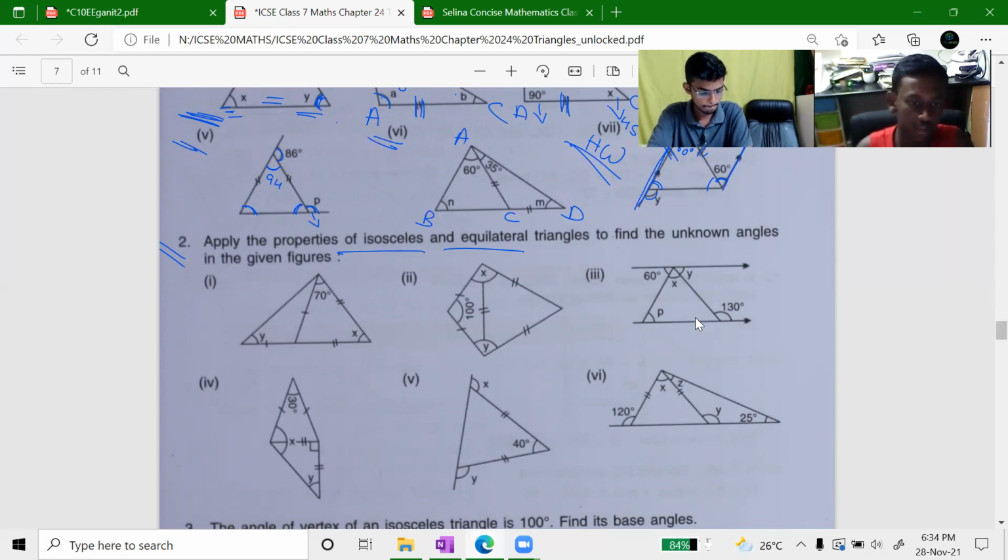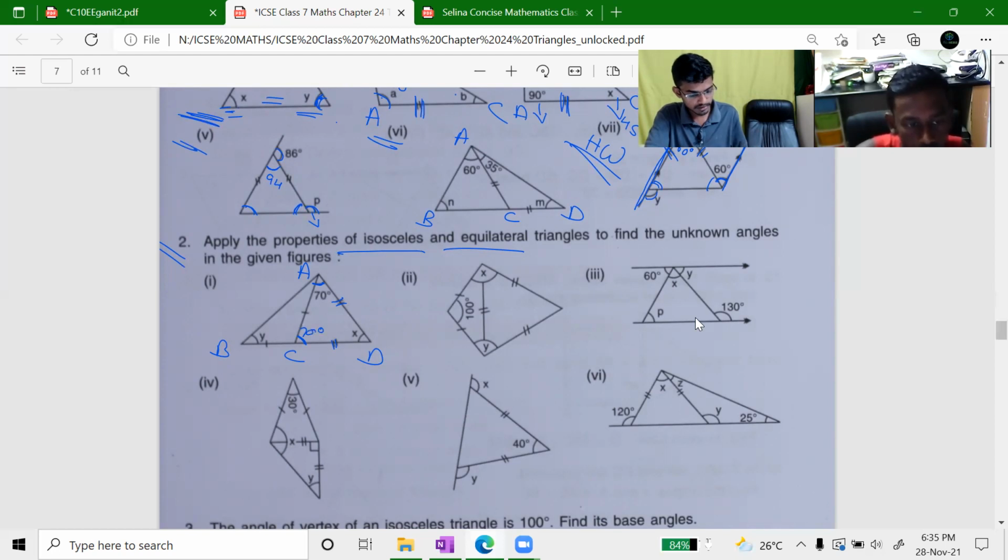Okay, beta. Let's do question number 1. A, B, C, and D. How many triangles are there? 3 triangles are there. Now tell me, if these two sides are equal and this is 70 degree, what will be this angle? 70 degree.